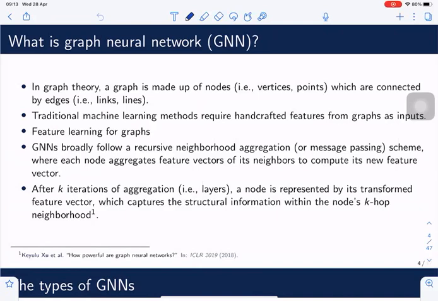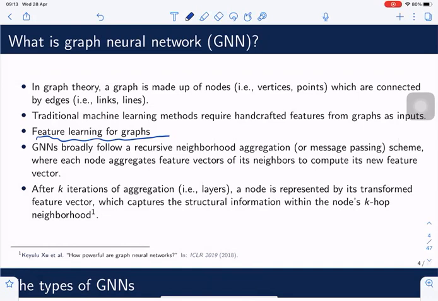Compared with the traditional method, GNNs have the ability to learn the representation of graphs through their layers. And how do GNNs learn the features?